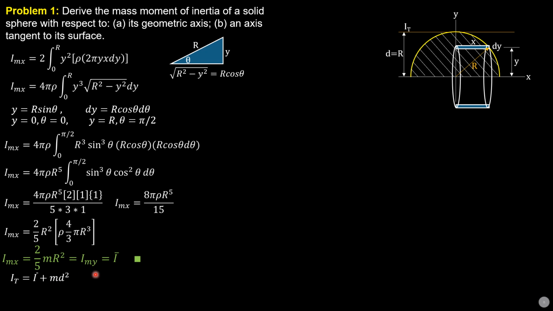I bar is also 2 fifths m r squared. So I sub t is 2 fifths m r squared plus m times r squared. Therefore, with respect to the tangential axis, the mass moment of inertia is 7 over 5 m r squared. So that's it for this problem.